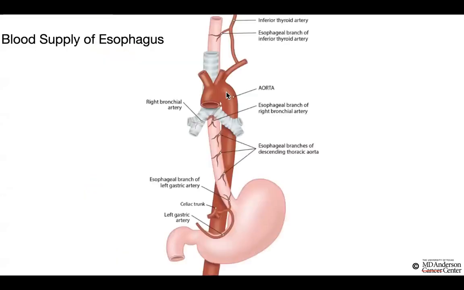And let's go to the blood supply of the esophagus. The esophagus receives its blood supply from the aorta, right bronchial tree giving esophageal branches, and directly from the descending thoracic aorta as well.